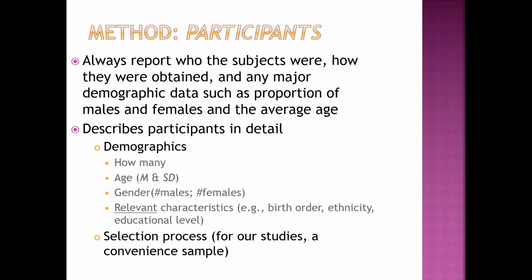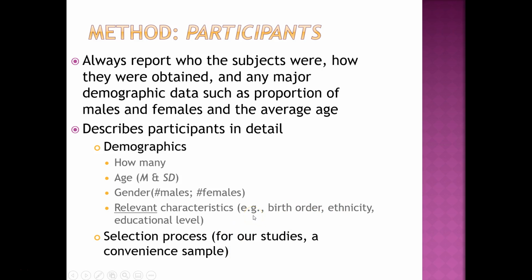Socioeconomic status, that's another important factor when we're looking at cognitive functioning or academic achievement. And so we always have that. Other medical characteristics that we may want to represent as well. Ethnicity could be important.